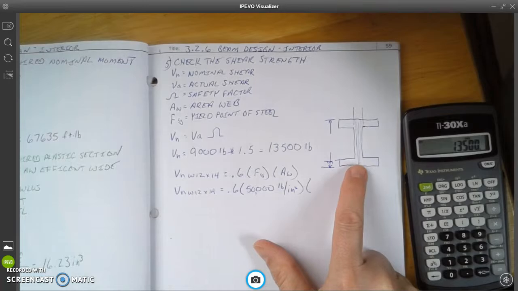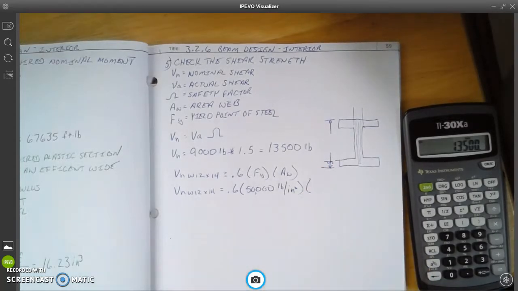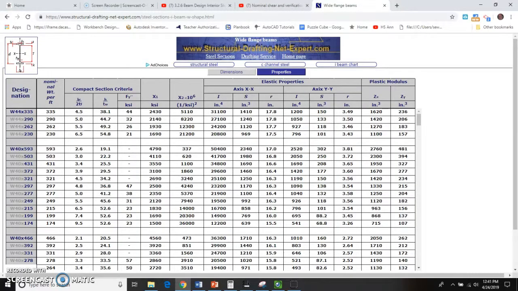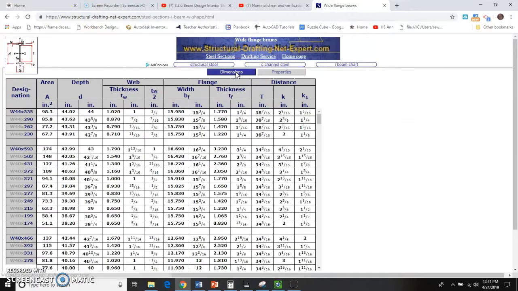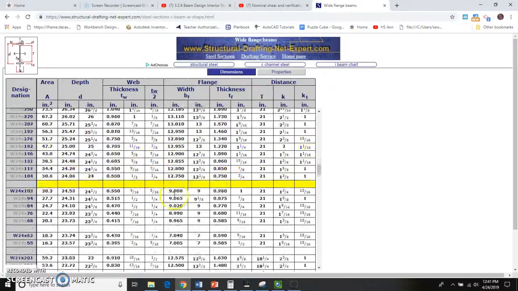We find these two values, the width of the web and the height of the beam, back on this table right here. Now what I'm going to do is go to this button here that says dimensions, and then I'm going to scroll down until I find my W12 by 14 beam.